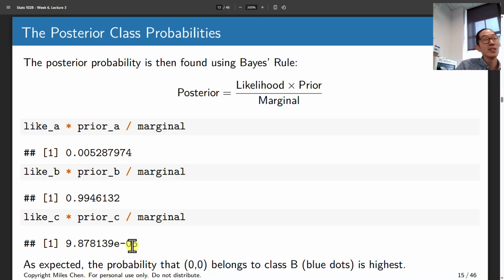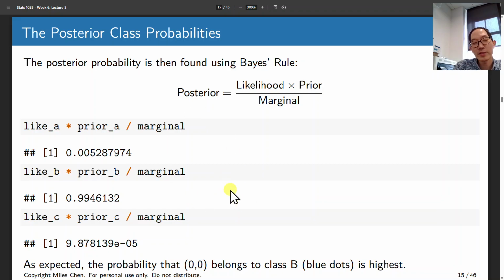So basically, this is around a 1 in 2,000 chance of being from class A, a 99.5% chance that it's from class B, and like a 1 in 10,000 chance that it's from class C. These are our probabilities, and that aligns with exactly what we would guess and intuit, that class B, the blue dots, has the highest probability for 0, 0.